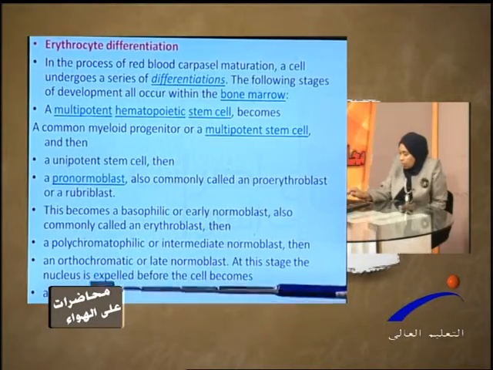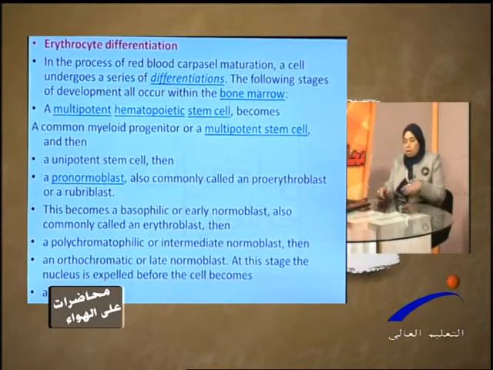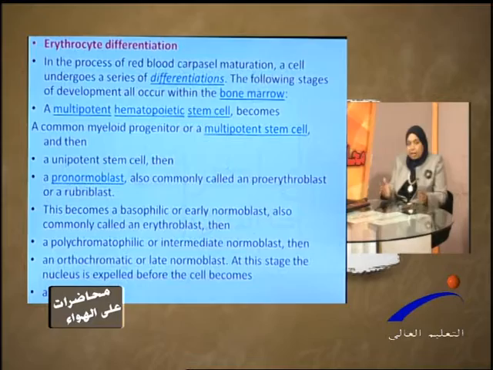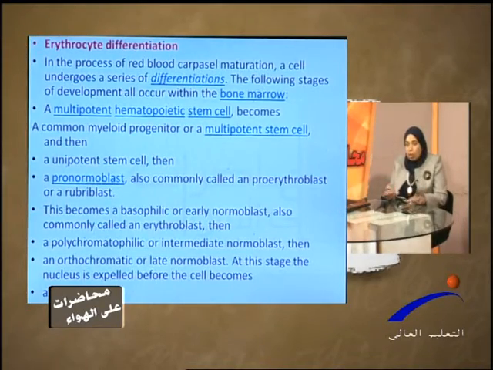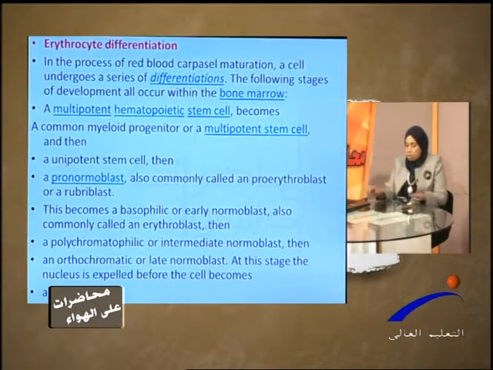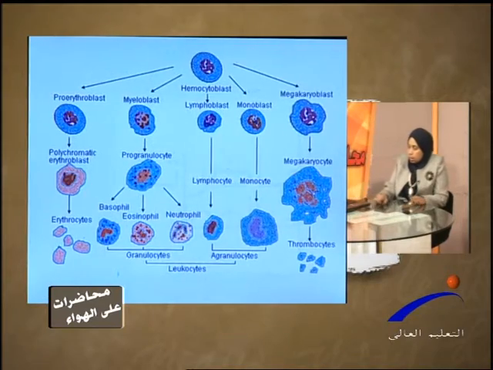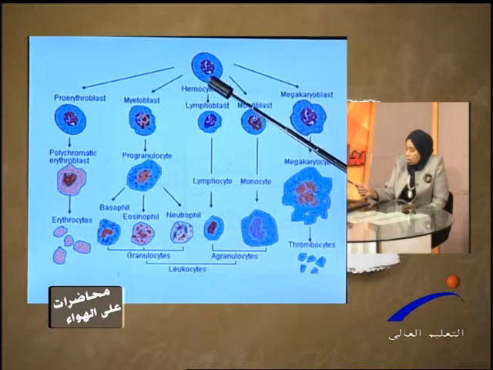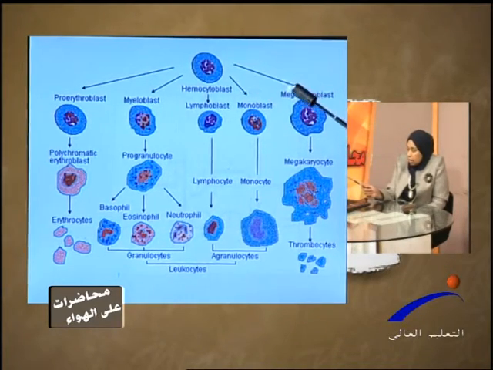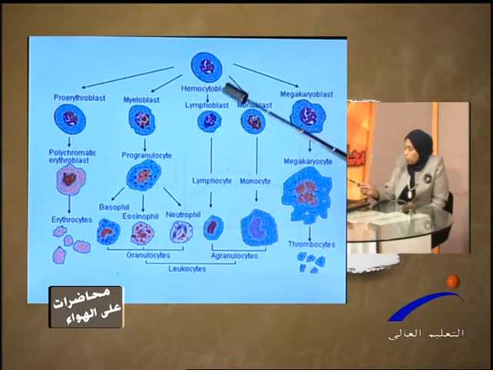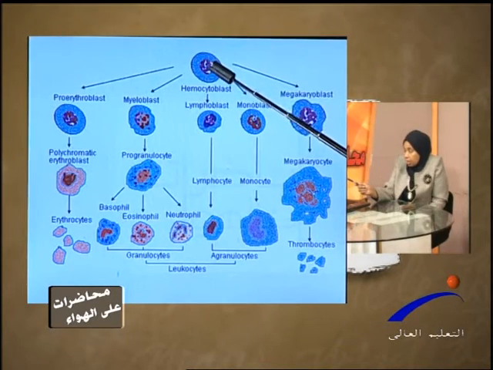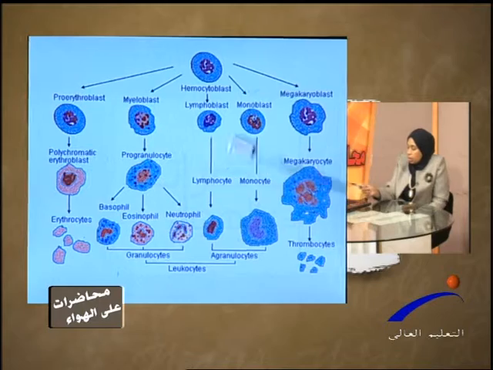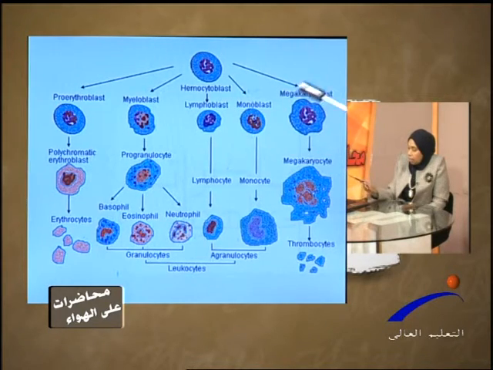Actually, the reticulocyte stage gives me an image about the bone marrow: whether the bone marrow is active and working okay, or it is suppressed. Here, the hematopoietic stem cell is multipotent, which means that it can give lineage to different kinds of cells.